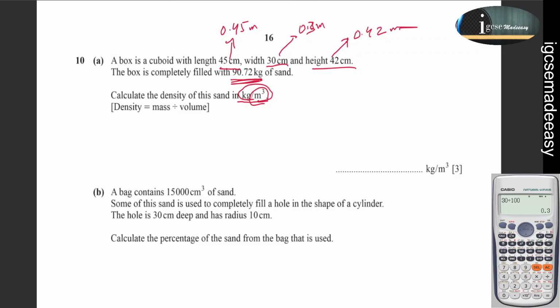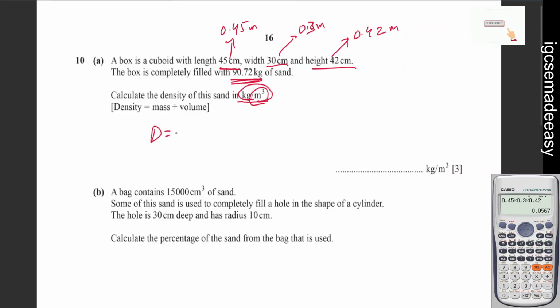So when I multiply all this, volume is length into breadth into height, length into width into height. So 0.45 into 0.3 times 0.42 gives you the answer 0.0567. That is the total volume.